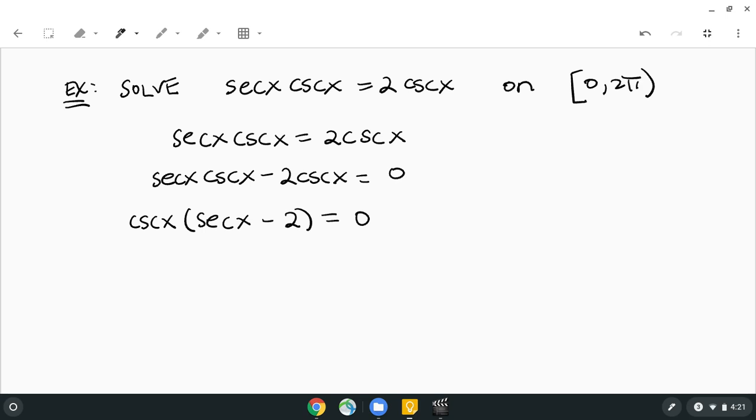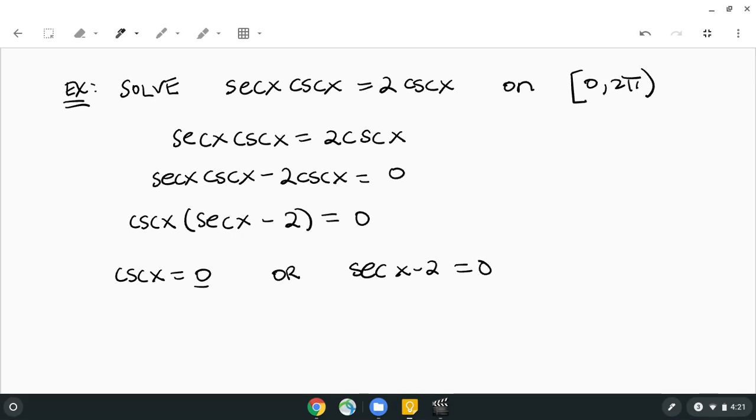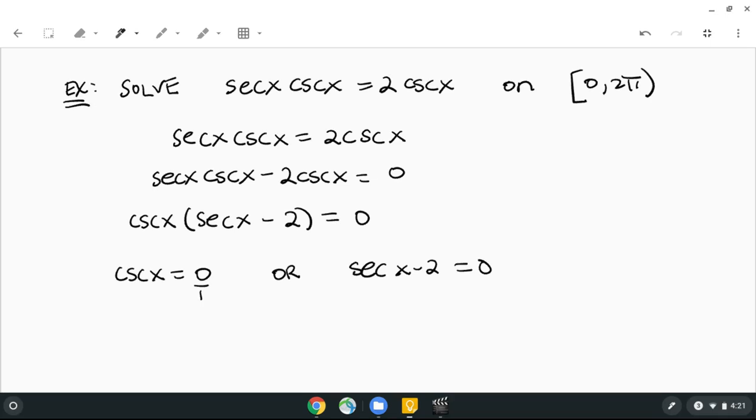Okay, and now I can take each factor and set them each equal to 0 and solve, just like I did in the previous example. So cosecant x equals 0, or this factor, secant x minus 2 equals 0. So for cosecant equals 0, or 0 over 1, that means sine x equals the reciprocal, 1 over 0.